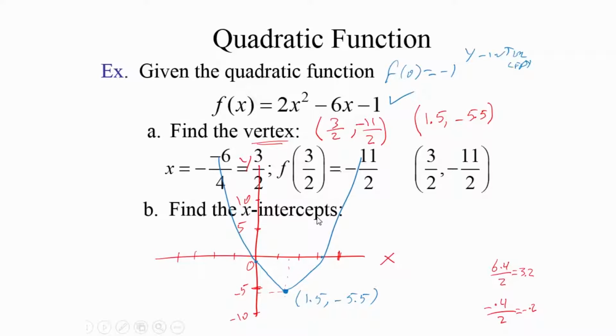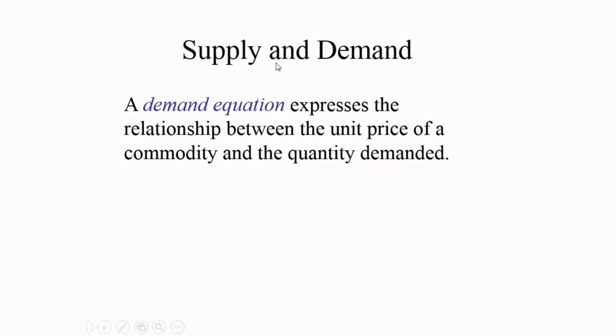Another use of quadratic functions is supply and demand. With supply and demand, we can talk about linear functions, which is what we did, finding the intersection of the two, supply and demand, which is called the equilibrium point. Or here we would have a quadratic supply and demand. So first definition, a demand equation expresses the relationship between unit price of a commodity and quantity demanded.